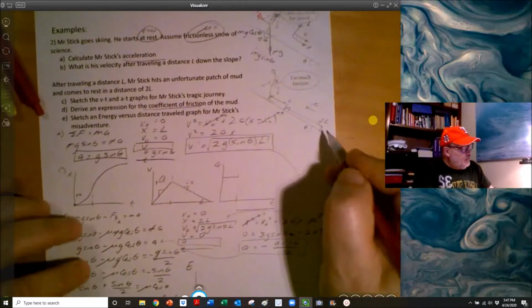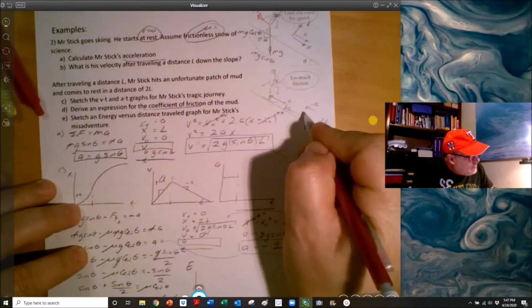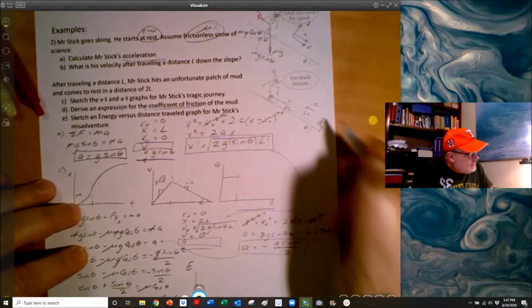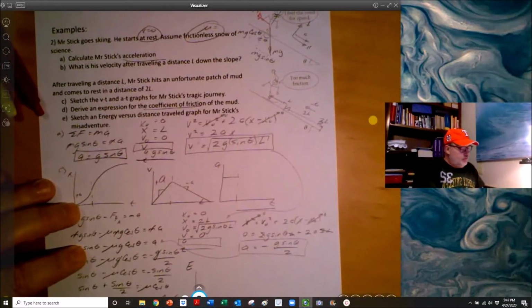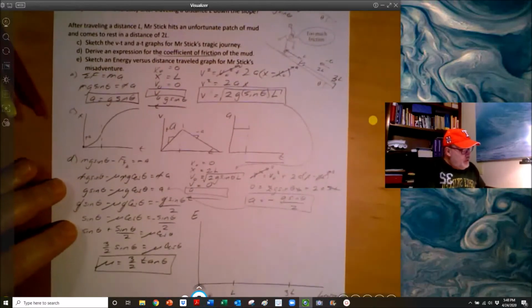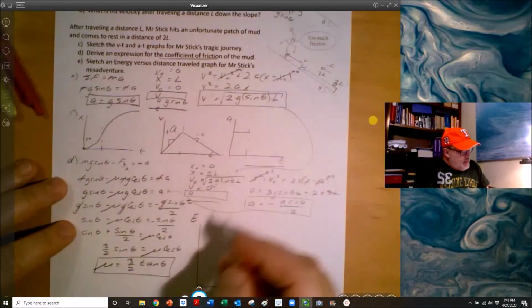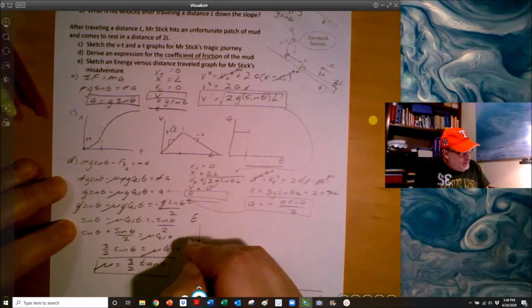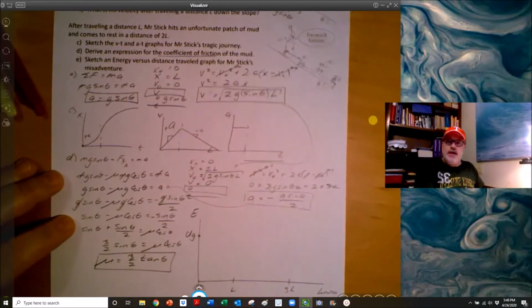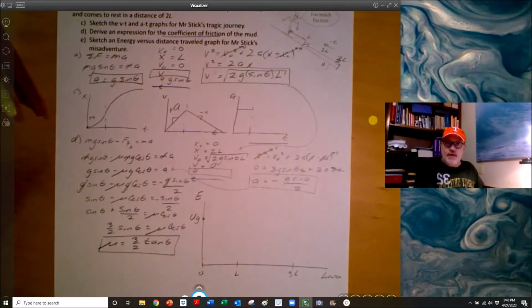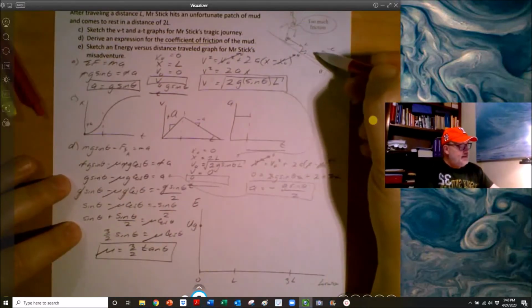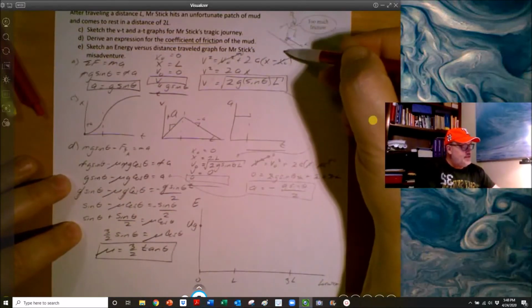Okay, so this was a little messed up here. I should have said that this is 2L between and this is 3L, so as not to confuse everybody and myself. All right, so at the beginning, we start with gravitational potential energy at the start, and then he slides down the slope, and as he does, he's going downward.